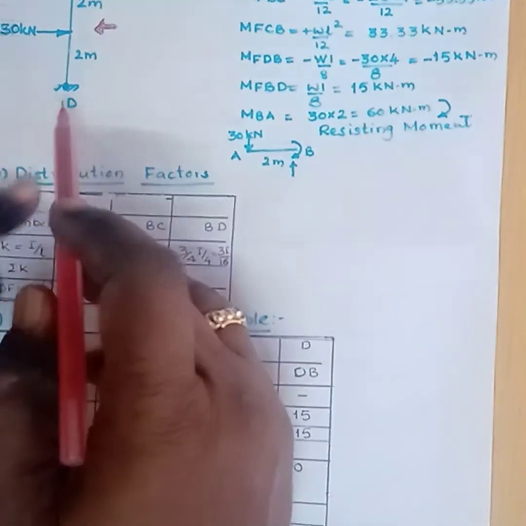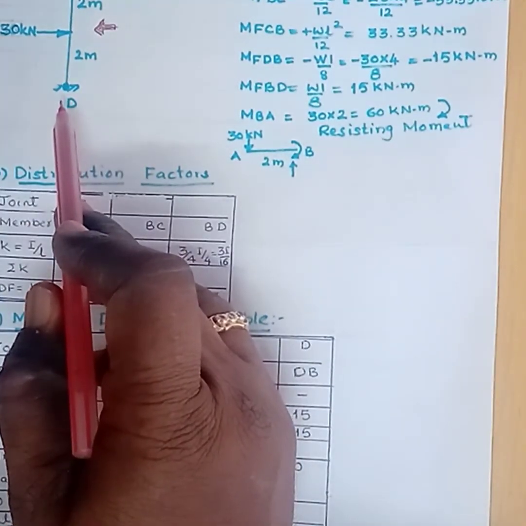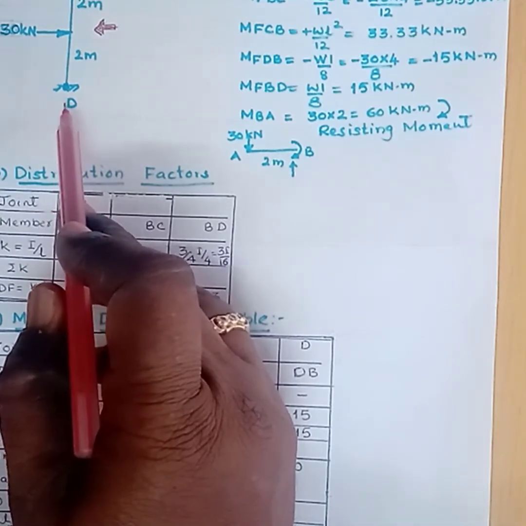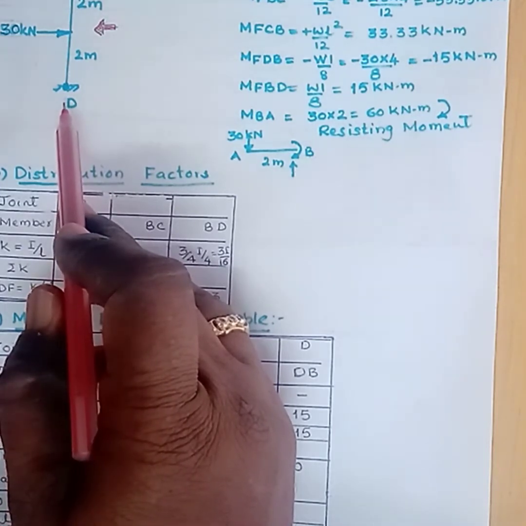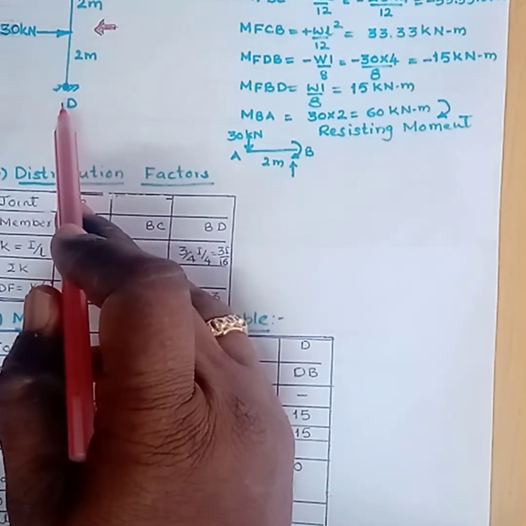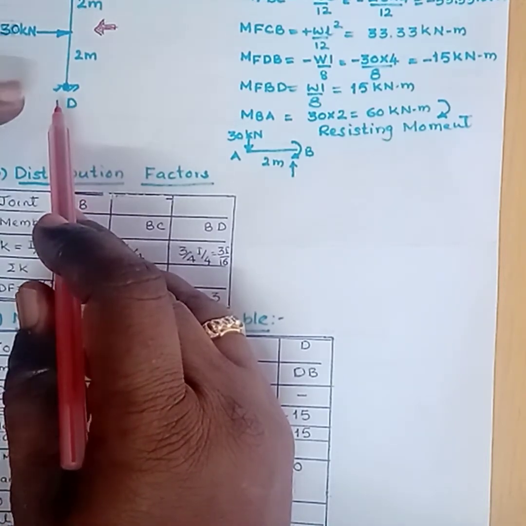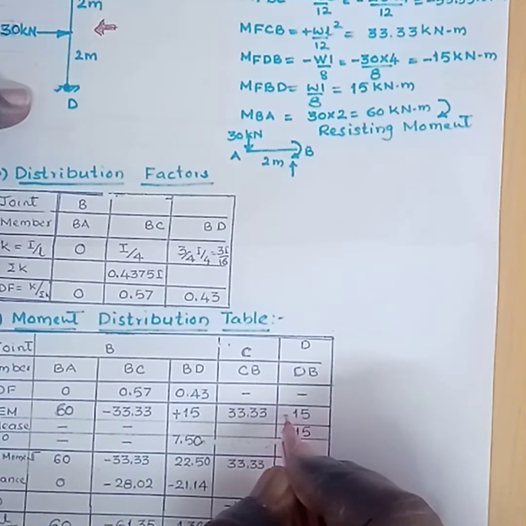By observing this diagram, end D is on a hinge. By assuming it as a fixed end, we calculated the fixed end moment, but the final moment is 0 at a hinged, roller or simple support. Hence, we have to release that moment to make it 0. Here this is an anticlockwise moment, minus 15.